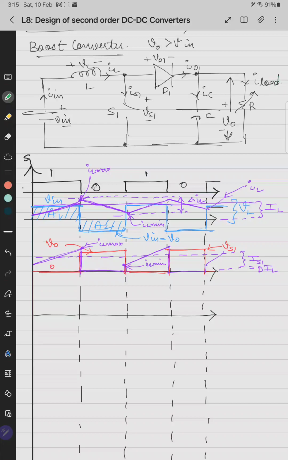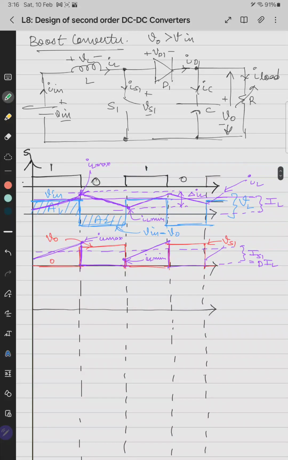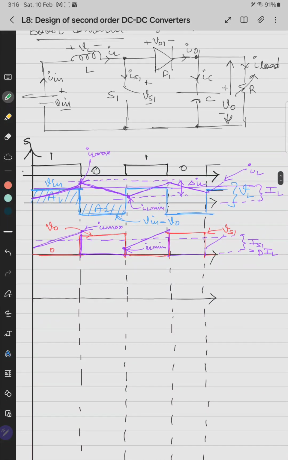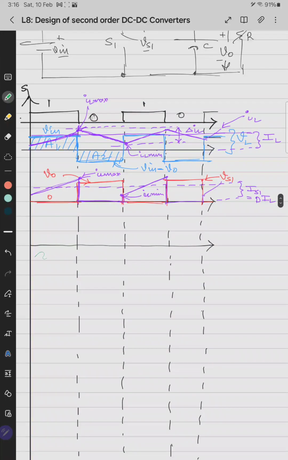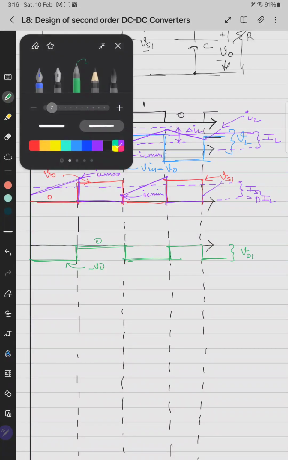If the switch is on, the diode is connected in reversed fashion across the output. So it will be minus V0. So the voltage across the diode will be minus V0, and when the switch is off and the diode is forward biased, it will be 0. So it will be like this, where this is 0 and this is minus V0. This is the waveform of VD1.